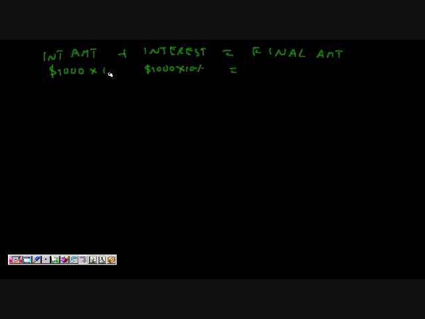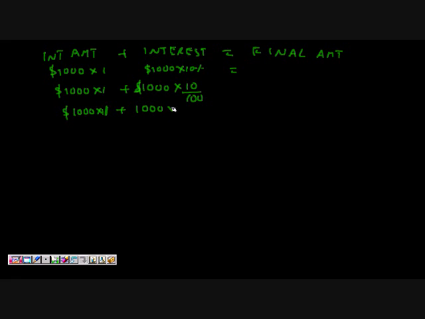So if you take 10%, we can write $1,000 into 1 plus $1,000 into 10 by 100, which is equal to $1,000 into 1 plus 10 by 100 is 0.10, so 1,000 into 0.10.